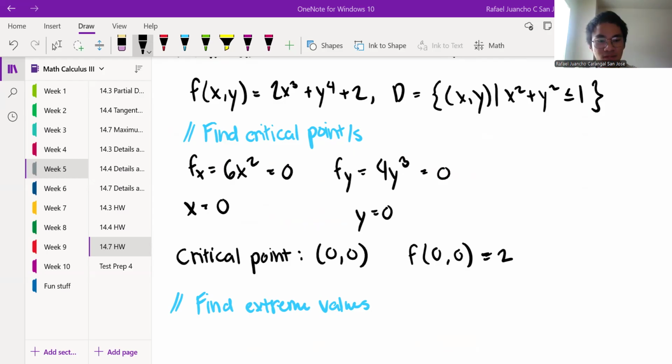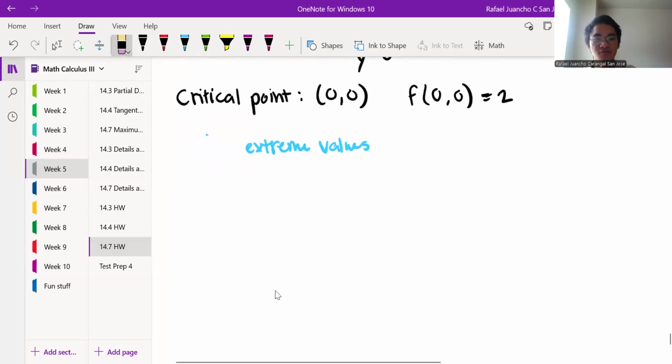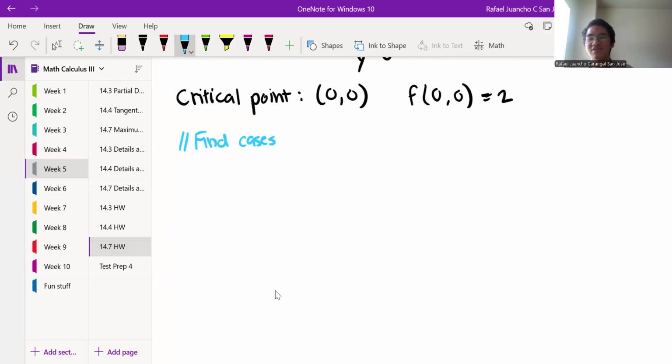So I'm going to add an extra step. It's like a little detour. But how do we find cases? That's our main goal. We want to find the cases when x is 1, when x is 0, when x is infinite. Okay, not infinity. When y is 1, when y is 12, stuff like that.